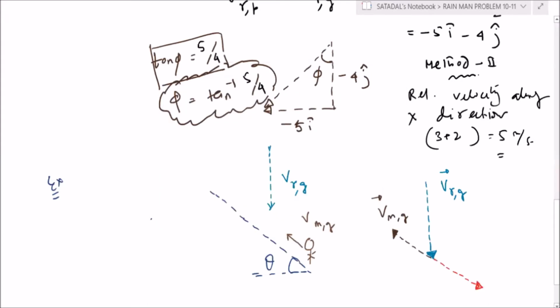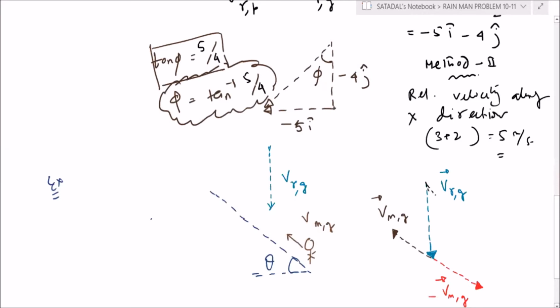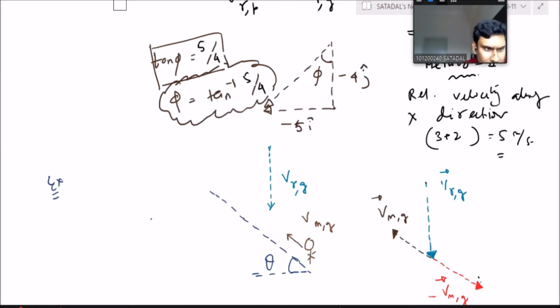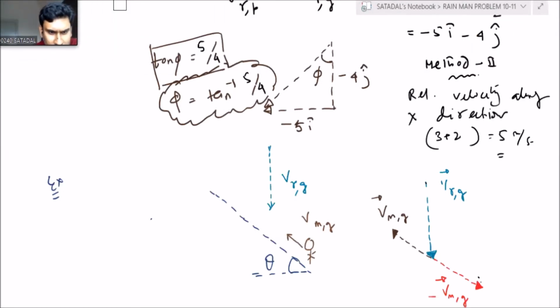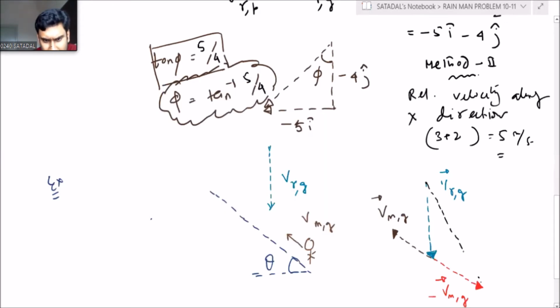So this will be minus of V man with respect to ground. Right? That means this will be the resultant. So this direction will be velocity of the rain as appearing to the man.